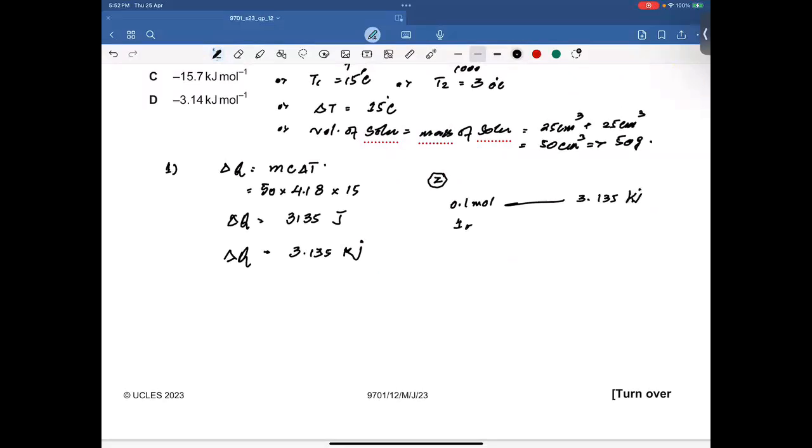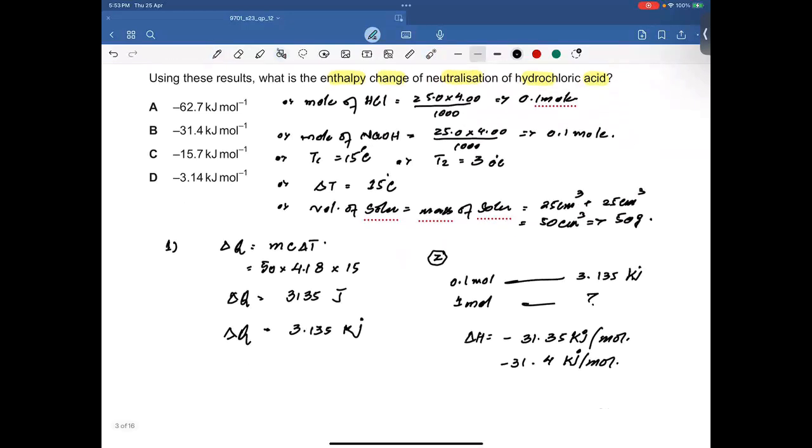So if we have 1 mole, because enthalpy change of neutralization is always applicable for 1 mole, 3.135 divided by 0.1 is going to be 31.35 kilojoules per mole. Since it is a vector quantity, and you know that neutralization is an exothermic process, we need to put a negative sign here. That's going to be minus 31.4 kilojoules per mole. So let me check: minus 31.4. So B is going to be the right answer.